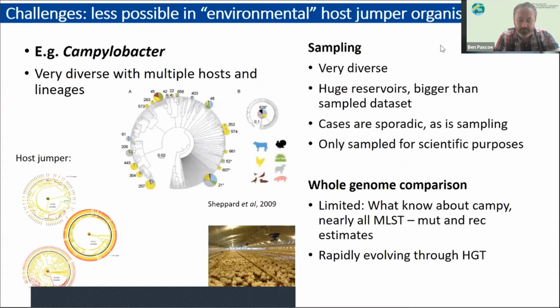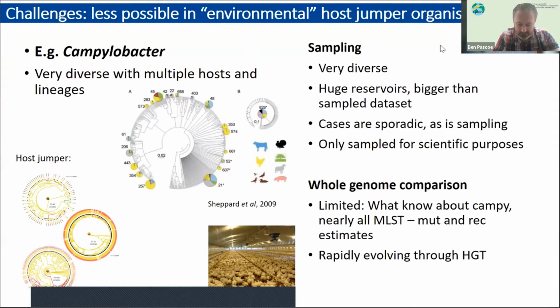But it's more challenging to obtain robust rate estimates in species which are diverse and environmental. A good example of this is Campylobacter. Campylobacter has multiple hosts, multiple reservoirs, and multiple lineages.